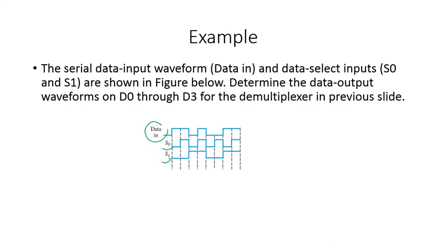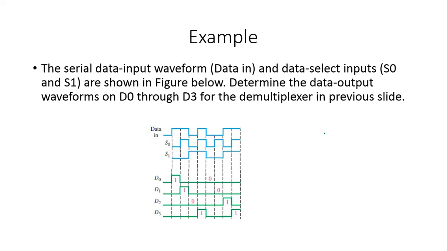We know the table for the different data selection inputs S0, S1, equal to 0 0, 0 1, 1 0, and 1 1. For this combination, our data will be connected to D0.